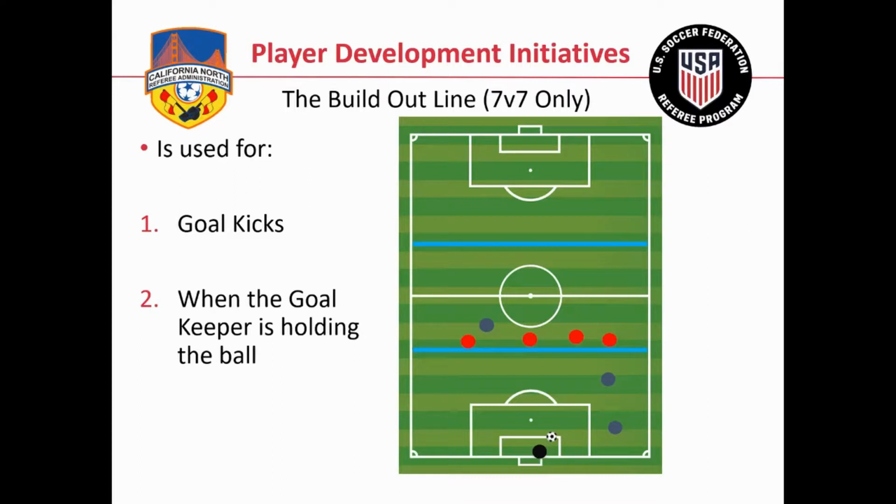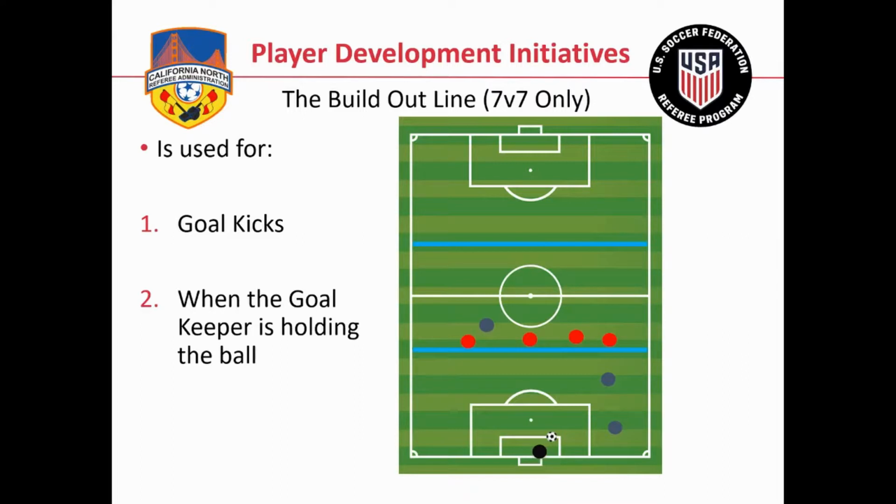Then the goalkeeper is allowed to drop, roll, or throw the ball. They must release it from their hands. For games that are using the build-out line, the goalkeeper is not allowed to punt or drop kick. It is considered an indirect free kick offense if the goalkeeper makes a punt or drop kick.